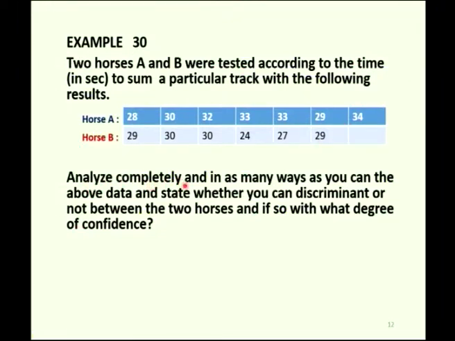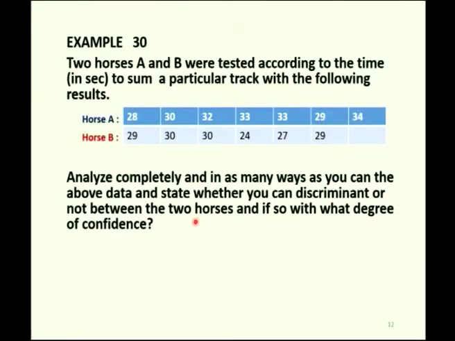Analyze completely, in as many ways as you can, the above data and state whether you can discriminate or not between the two horses. That is, you are asked to test whether the two horses are varying or not. Discriminant stands for variability, and if so, with what degree of confidence.